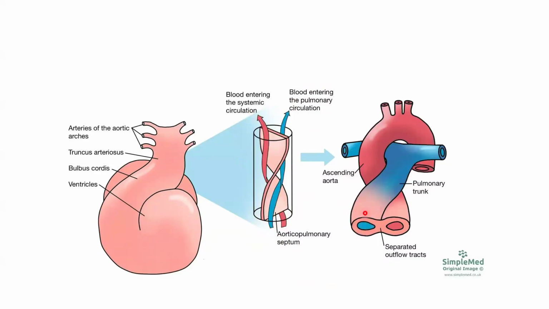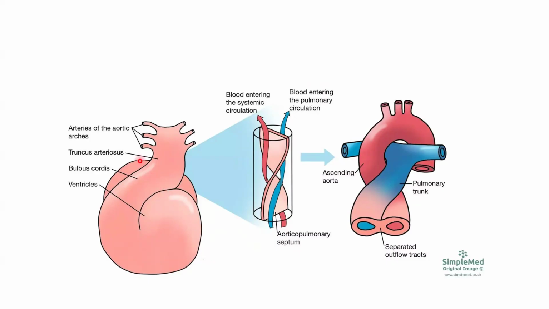So the pulmonary artery is anterior and to the left of the aorta, whereas you have the aorta being posterior and to the right, but arches back onto the left. And that is because of the septation.